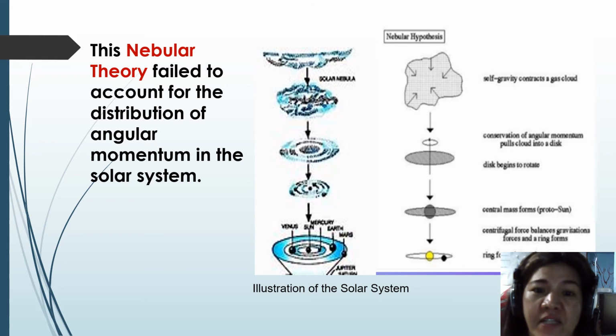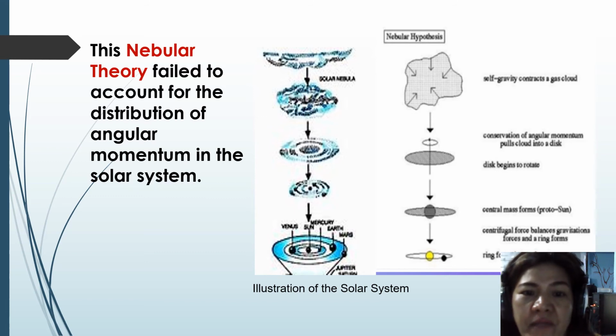Then a central mass forms. So you have now the protosun. Then centrifugal force balances gravitational forces and a ring forms. So rings form, and as of today, you can see now the planets. So this is now the illustration of the solar system.